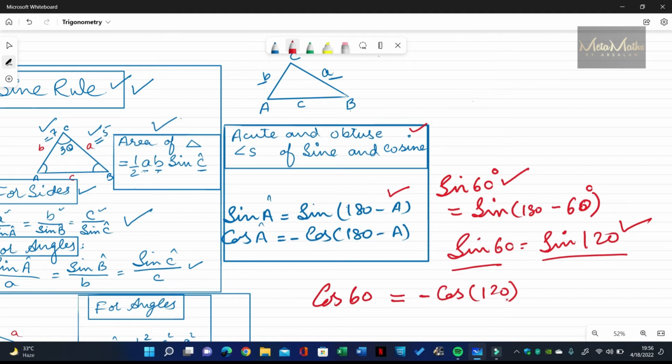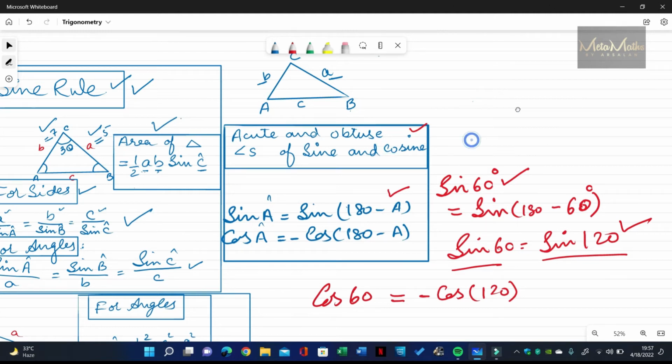So whatever value you get for cos 60 on your calculator, your cos 120 will be the same, but the sign will be negative. So it will be the additive inverse of cos 60. Okay, the sign will be changed. So these are two relations between sine A and cos A, their sine and cosines for obtuse and acute angles.